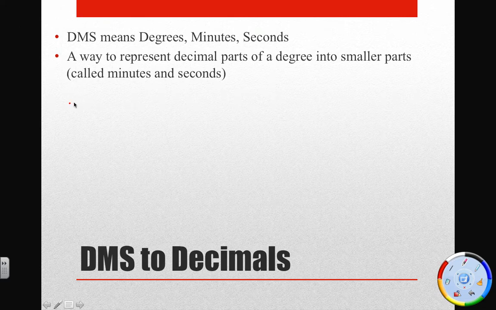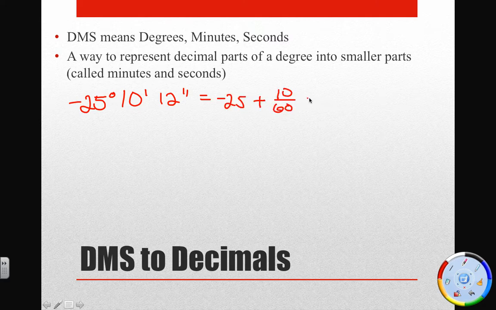So if I said it was negative 25 degrees, 10 minutes and 12 seconds, some people do some really incorrect math right here. They try to follow what I did before. They say, okay, it's negative 25 plus 10 out of 60 plus 12 out of 60.